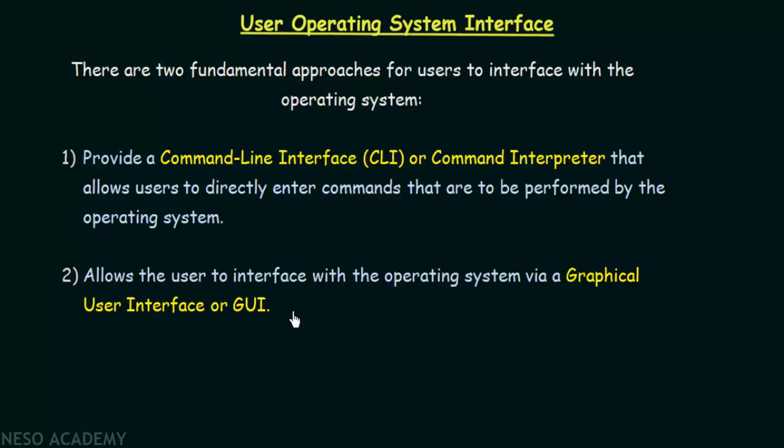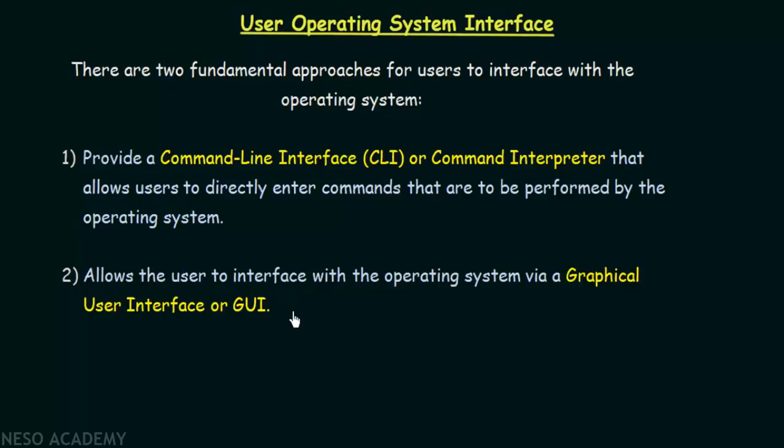In a graphical user interface, we have your desktop with your menus, and using your mouse or pointing devices you can click on your menus, or using your keyboard you can enter something, and in that way you interact with the operating system. Even while you are watching this video, you got here using your graphical user interface. So these are the two fundamental approaches for users to interface with the operating system.